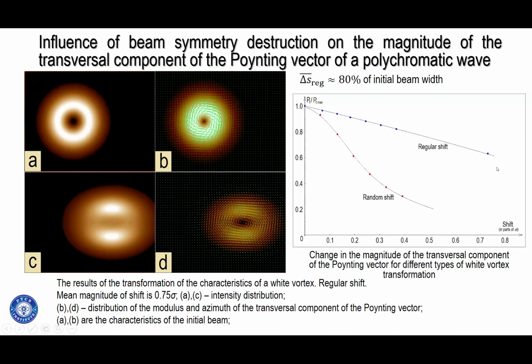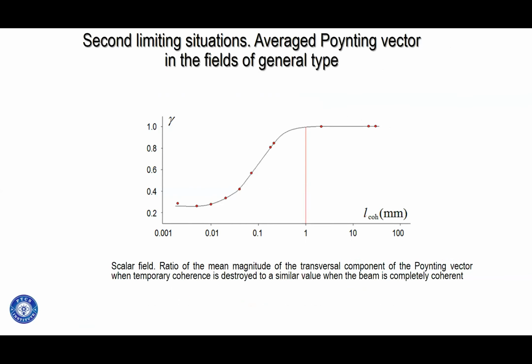For regular shift of centers of the spectral components of the order of 80% of beam width, the modulus of the component remains about 60% of the initial amplitude. Note that for a field of general type and complete destruction of coherence of polychromatic waves, the magnitude of the transversal components tends to zero.